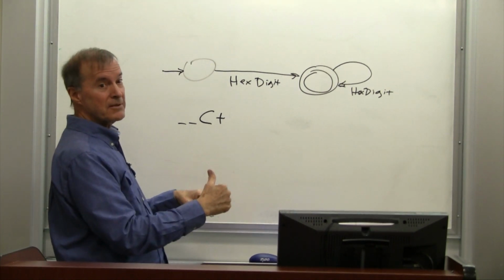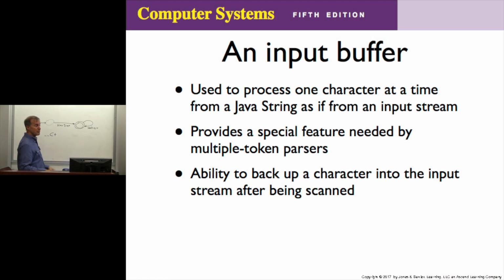To back up the input. So we're going to program that into our buffer. It provides a special feature needed by multiple token parsers, namely the ability to back up a character into the input stream after being scanned.